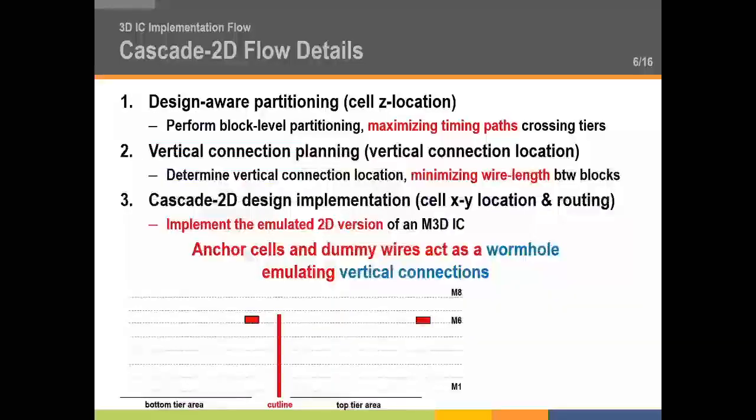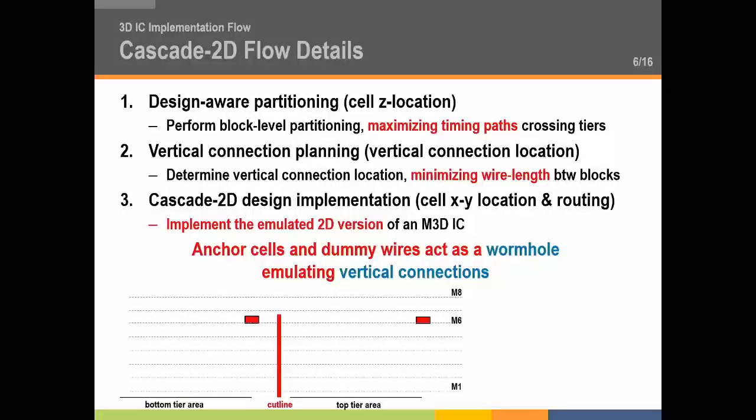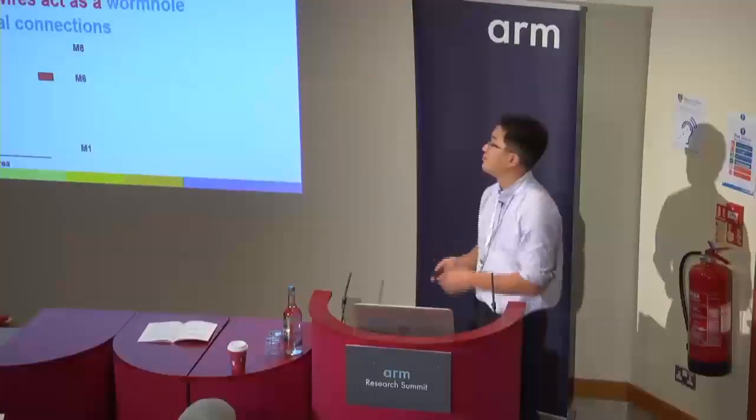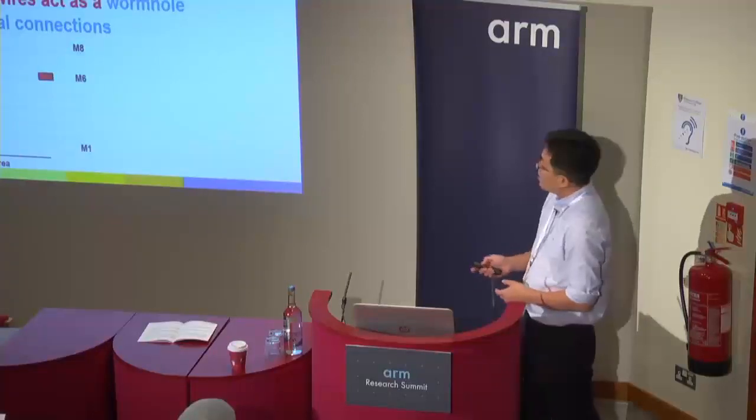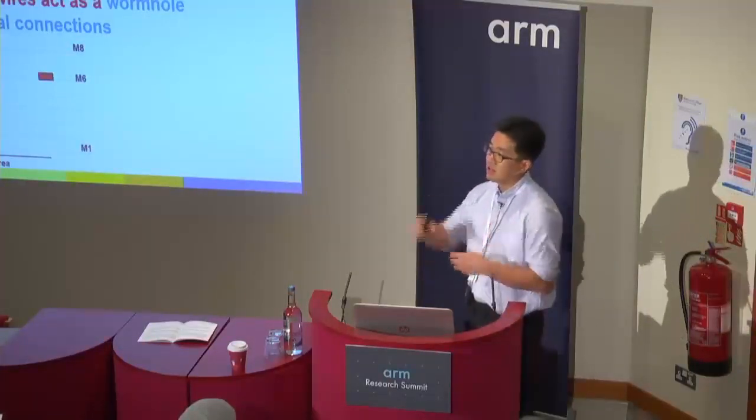To give more details of the flow, we first partition the functional blocks into 2 tiers in RTL with design-aware partitioning, in a way that maximizes the timing path between the 2 tiers. Then we determine the location of the vertical connection in each tier.